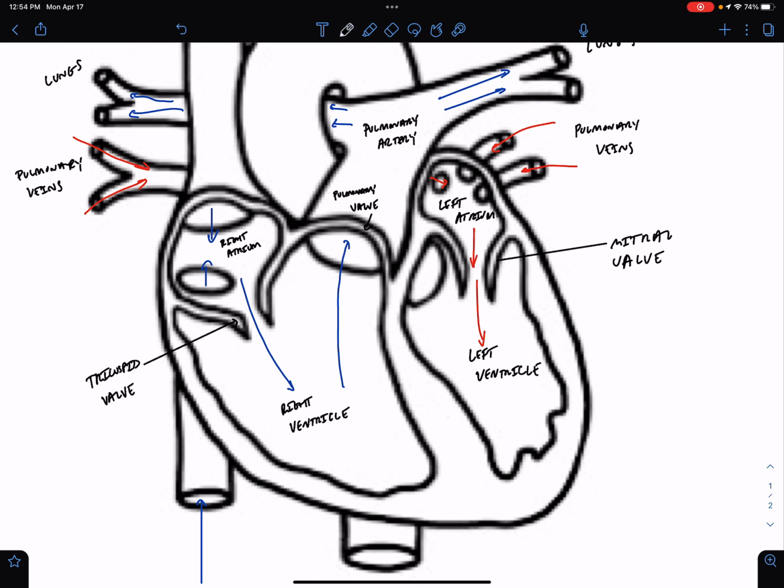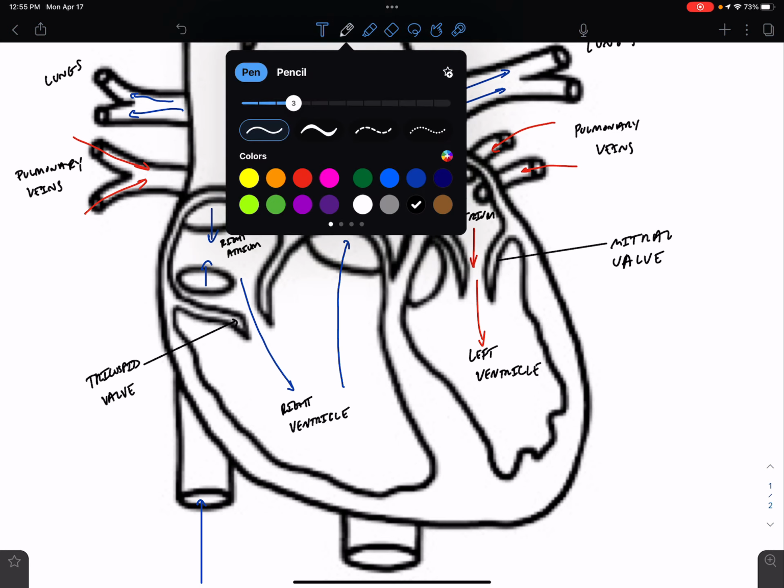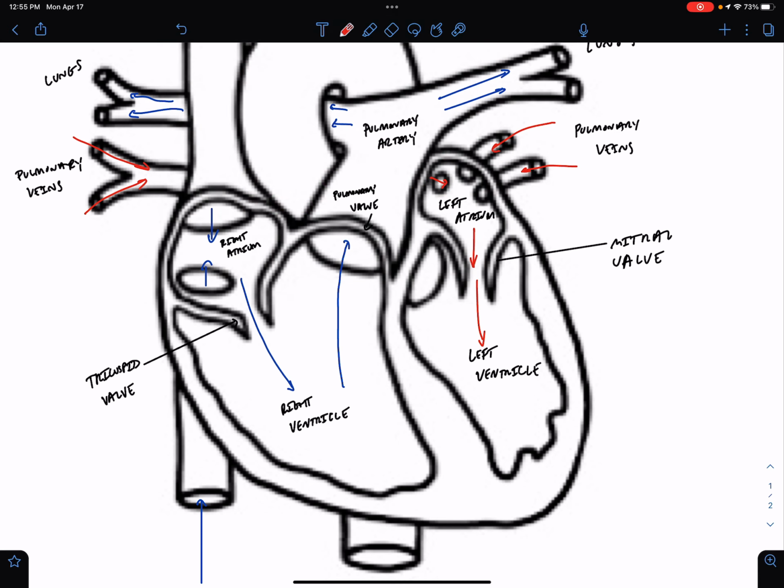And the left ventricle, when the heart contracts, is going to squeeze blood out.